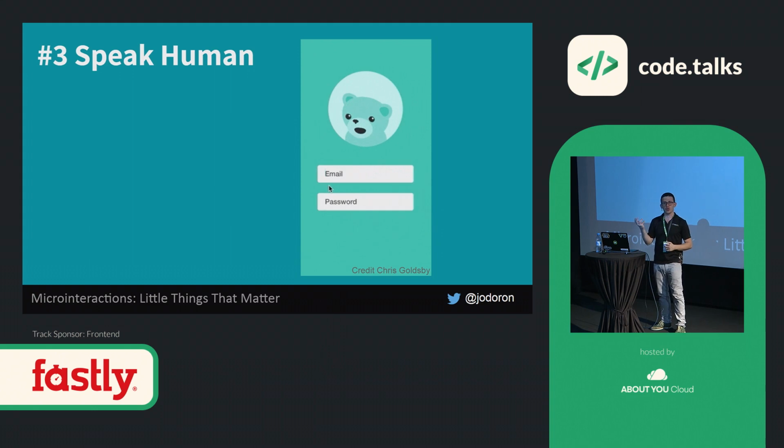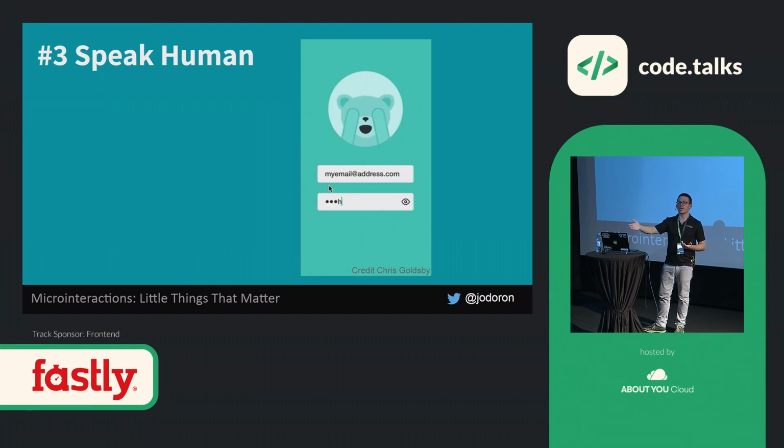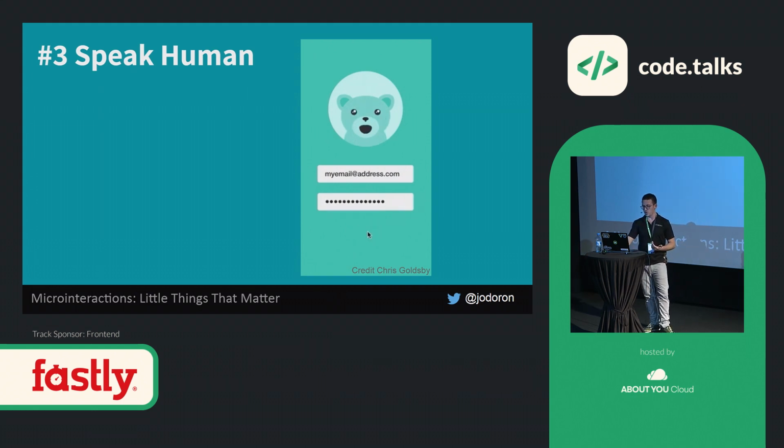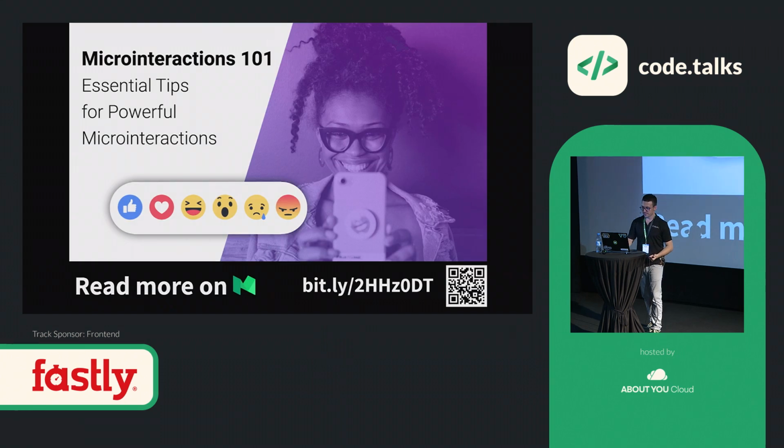We have a bit of humor, a bit of personality. And let's be honest, login can be one of the more frustrating moments for us to interact with any system. And this is, I think, a very creative way of speaking human.